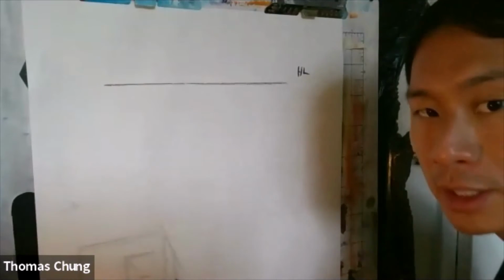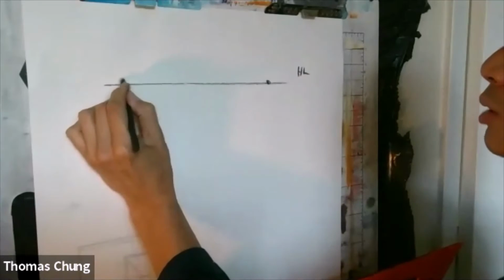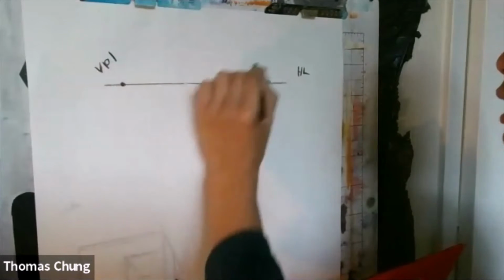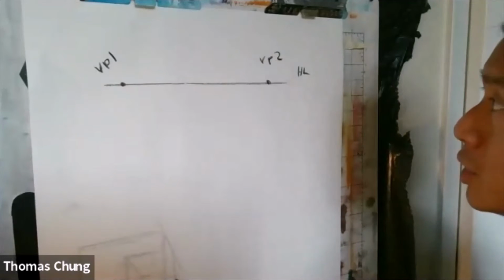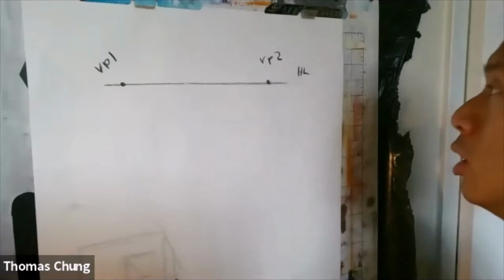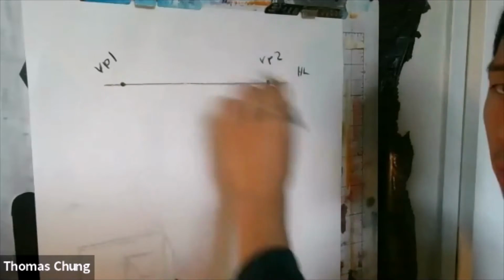But with 2 point perspective, you're actually going to have 2 vanishing points, vanishing point 1 and vanishing point 2. And so with 2 point perspective, all lines are either perfectly vertical or aiming at one of the 2 vanishing points.